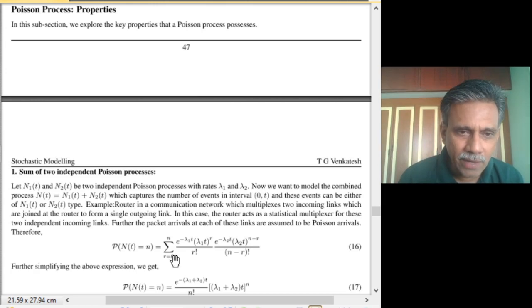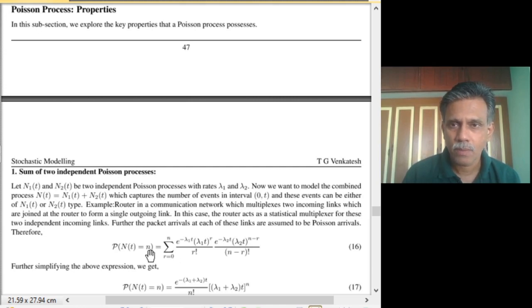There can be, let us say, r arrivals due to n1 and n minus r arrivals due to n2, together amounting to n events, where r is always less than or equal to n. All these possibilities will lead to a case where n of t is equal to n.